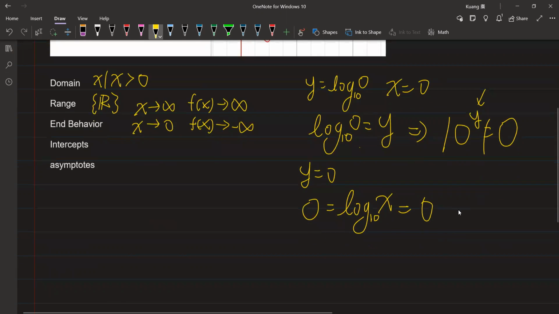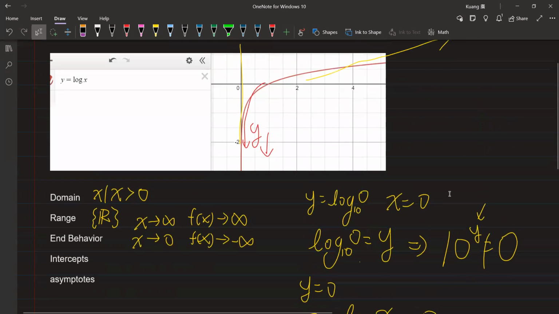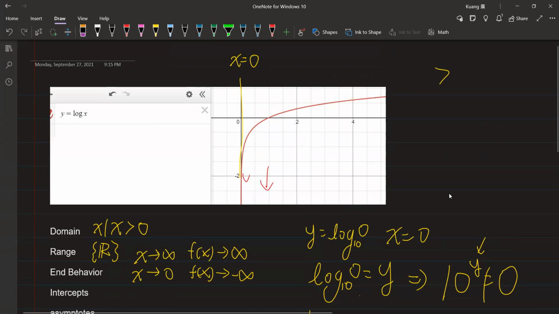Then you convert to the way we're familiar with: 10 to the power 0 equals x. Such an x exists, x equals 1. So the intercept, you see on the graph, using the red one, is (1, 0), because when y equals 0, x equals 1.